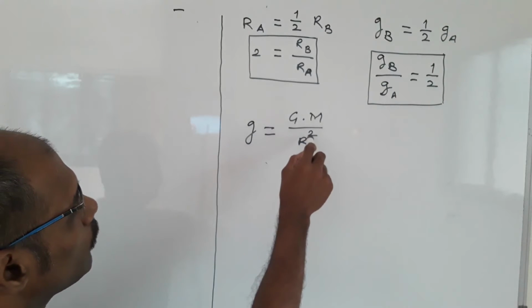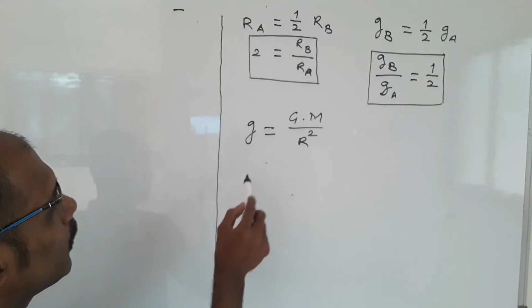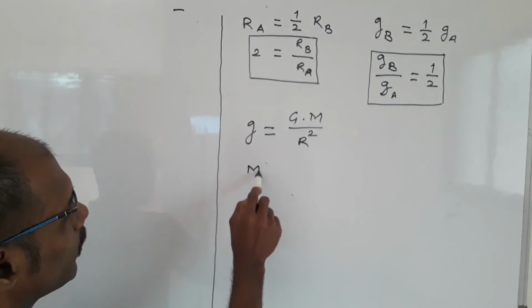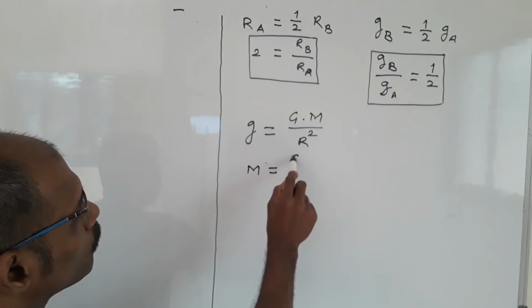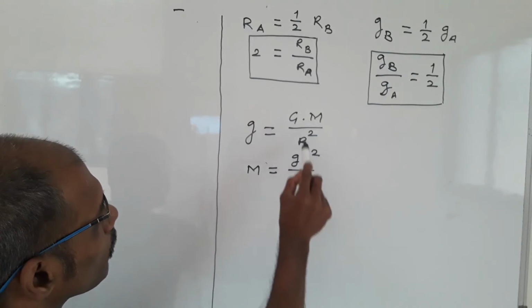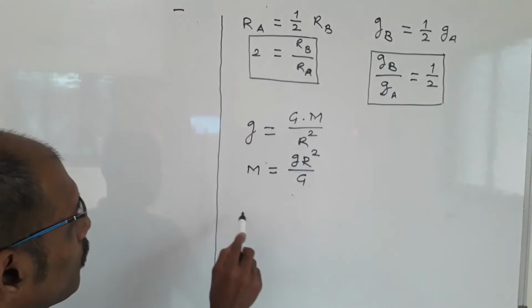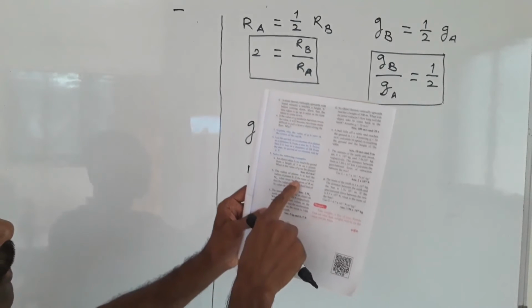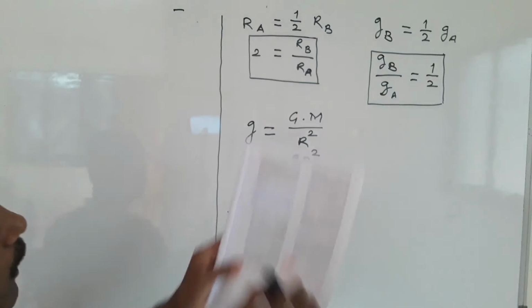Now we take this R square and capital G to the left side, and therefore we write this way: M is equal to g R square upon capital G.